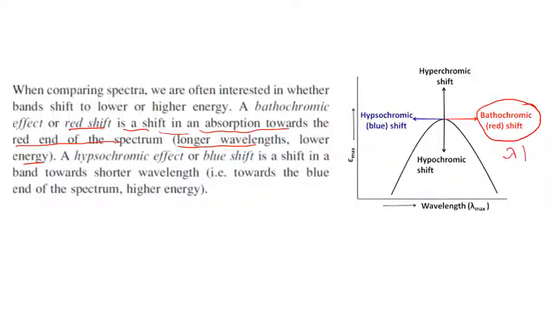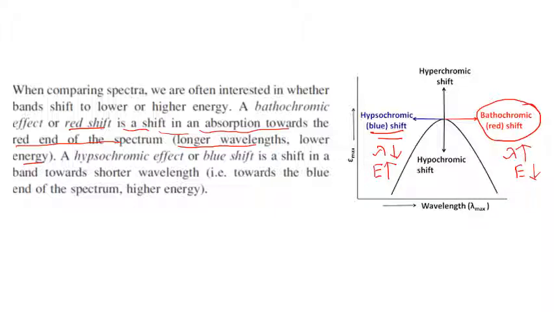The inverse is true for blue shift. When the transition energy is higher, you get lower wavelength, your absorption falls on the shorter wavelength side, and this is called blue shift or hypsochromic shift.